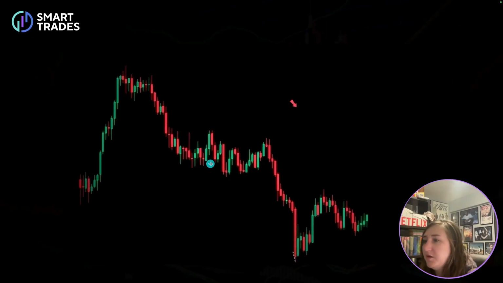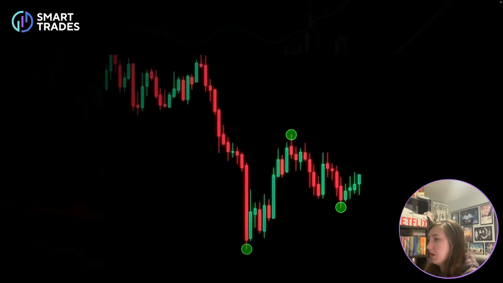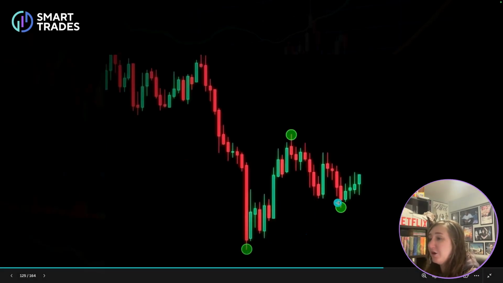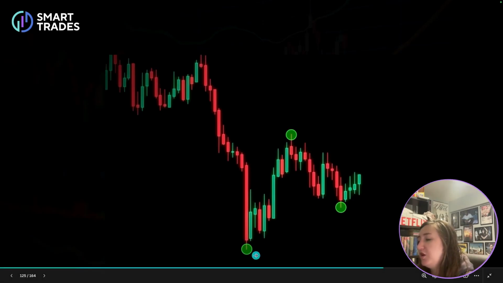So for instance, yet again, kind of a textbook example, but we have lower highs, market structure again, another lower high, lower lows here, continuation of that downtrend before we start seeing some higher lows being made. So we're flipping the switch here, signaling we could get a potential reversal. We are entering right off the bat here. We are waiting for that change of character to take place, which it does occur here.